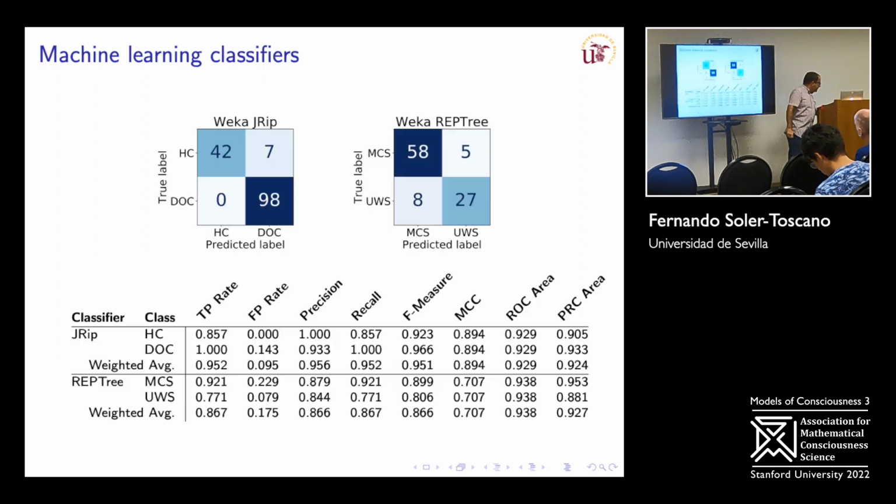And well, finally, well, not finally, we have applied machine learning to classify the conscious state of the patients by looking at the measures on informational structures, and we have got very good classification with machine learning, but in line with other approaches and with other papers in the literature.